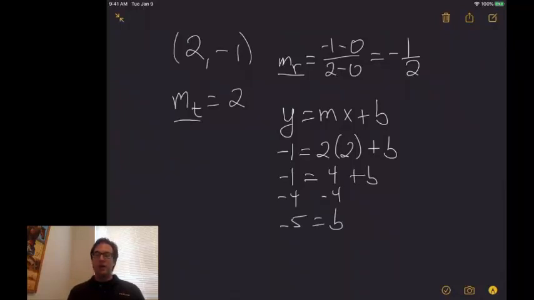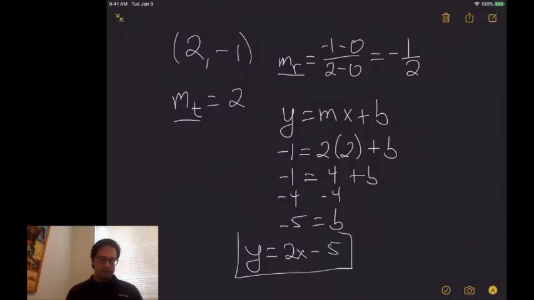So now I know what my y-intercept is. It's negative 5. And so my equation in slope-intercept form is y equals 2x minus 5, where 2 is the slope of the tangent. Because our slope was a whole number, we didn't have any fractions this time, which is nice.